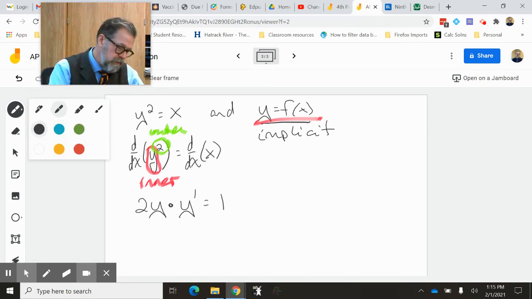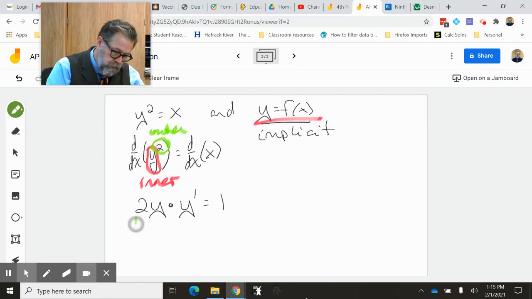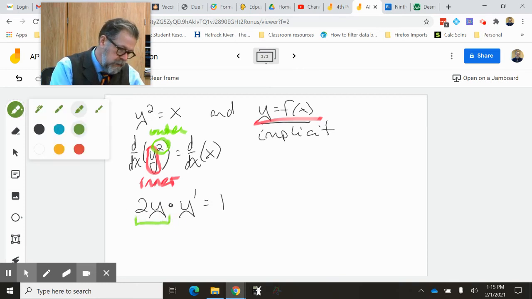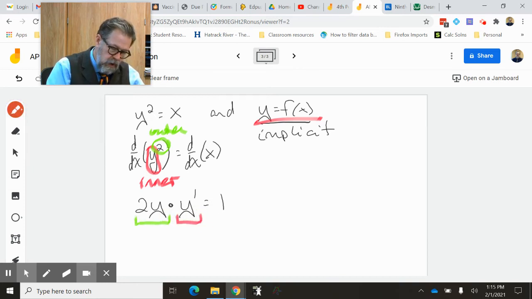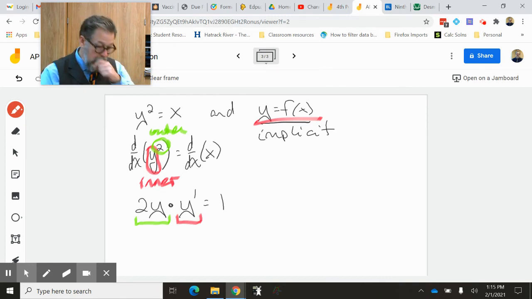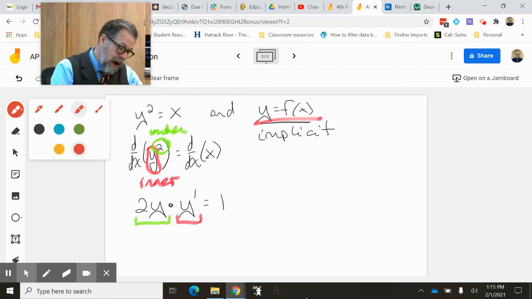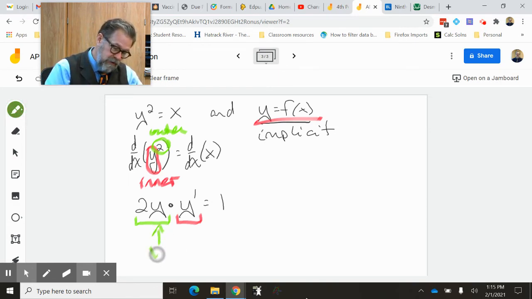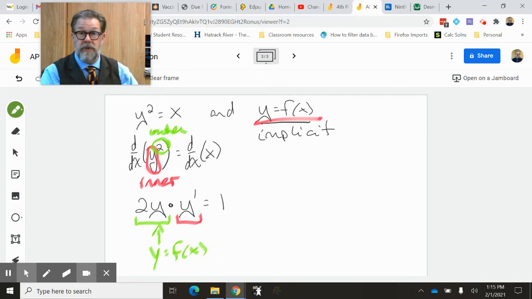Chain rule, derivative of outer times derivative of inner. Now, notice that normally what I would do is I would then say, oh, I've got to go back and rewrite y as a function of x, but I don't know y as a function of x. Well, in this case, I do.